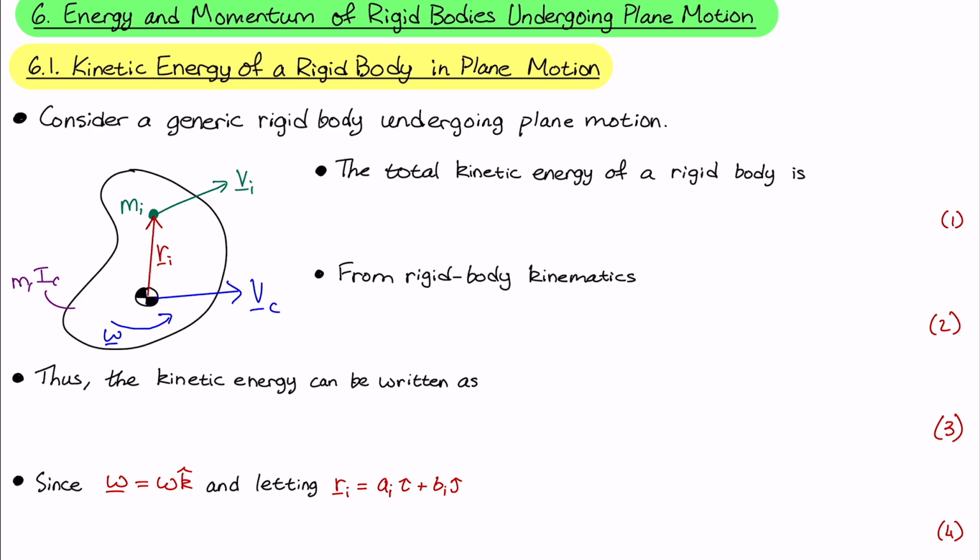And then given this, we can write that the total kinetic energy, we're going to use T again, is going to be equal to 1/2 times the summation from i equals 1 to n of mi times the velocity vi dotted with itself.